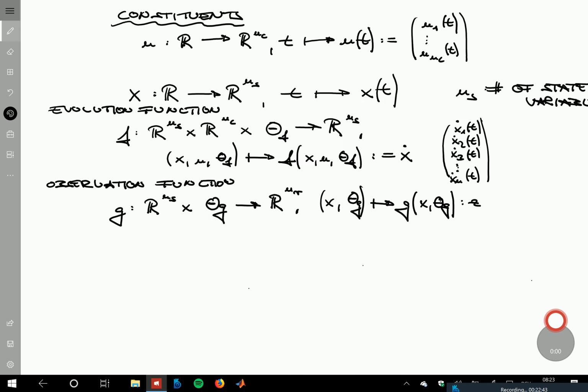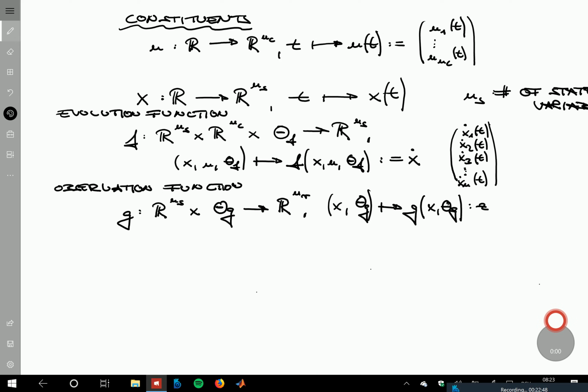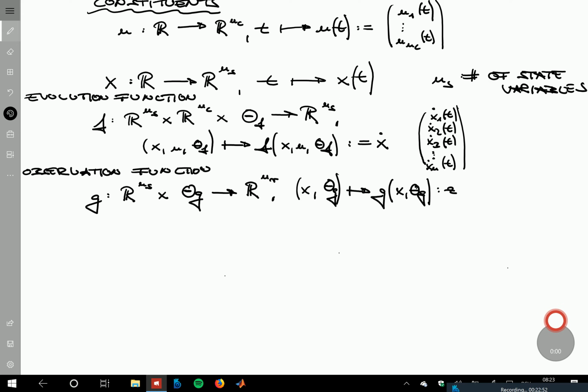Again, always keep in mind that all of this is time dependent. For each point in time, z is an r dimensional vector, but for the next time point, it's still an r dimensional vector, but the values might have changed.